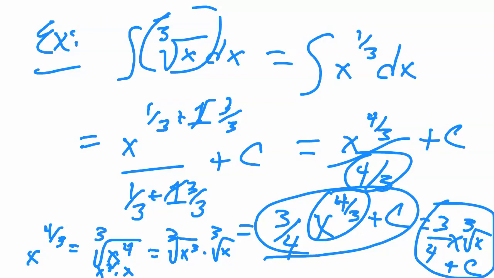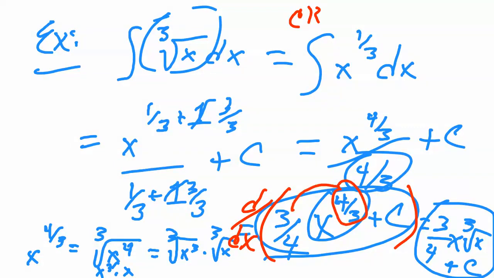By the way, what's really nice about this section is we can check our answer. And how do we check our answer? We can just take the derivative of our answer. So if I take the derivative with respect to x of whatever antiderivative I got, I take the exponent and drop it down in front, and 4/3 times 3/4 cancels out to 1. And then it's going to be x to the 4/3 minus 1.